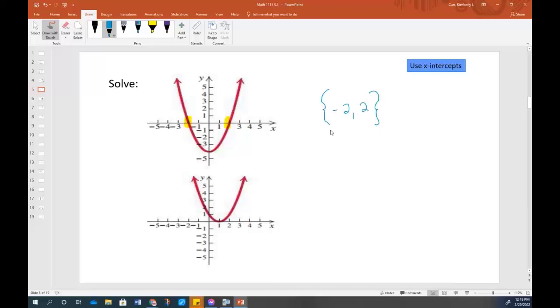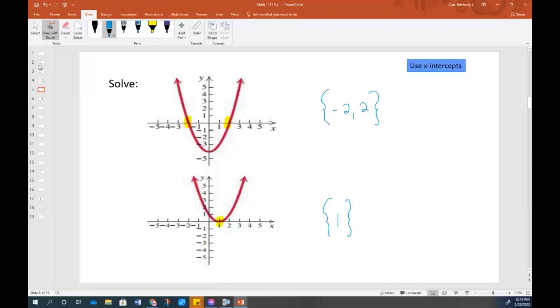Now, writing it like this is writing solutions. That's different than writing what the x-intercepts are. But again, the x value of the x-intercepts does provide the solutions. So on this one, I can just see I have the one solution because it bounces off of it. So I have just the single number 1.